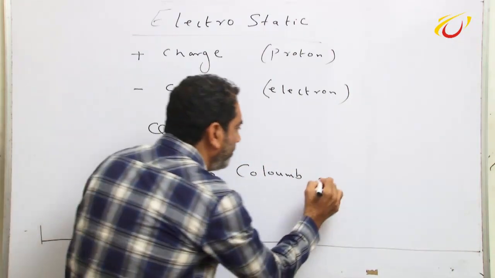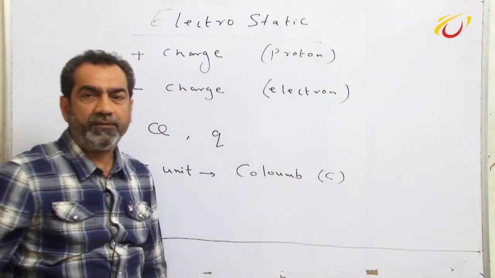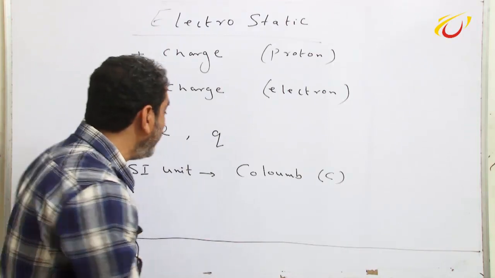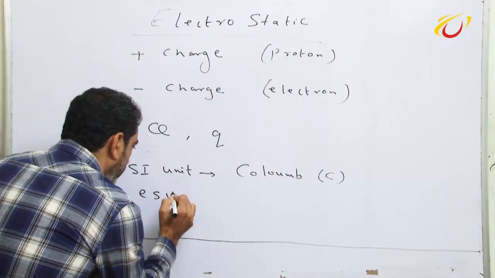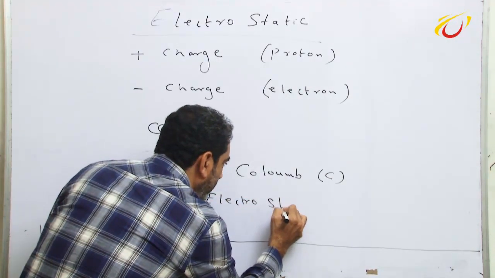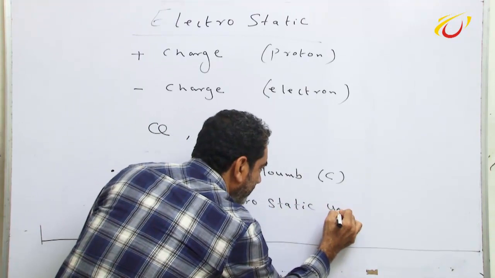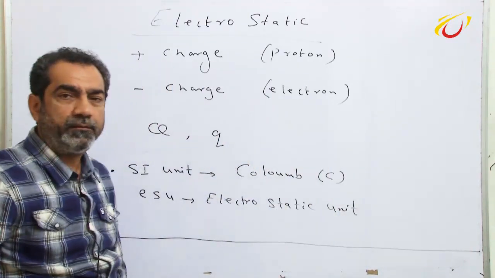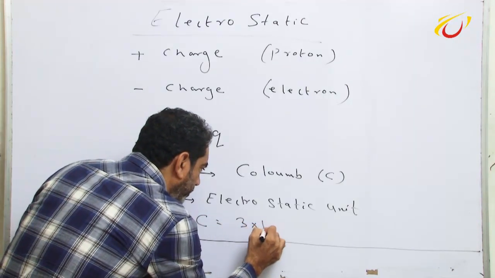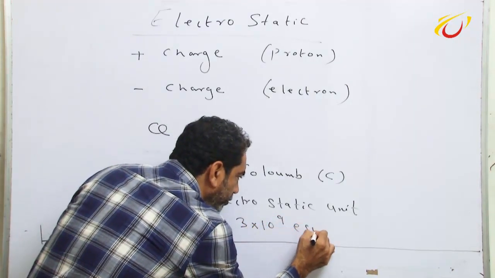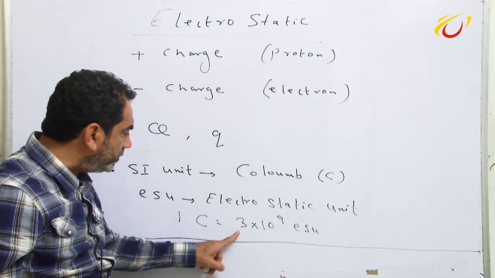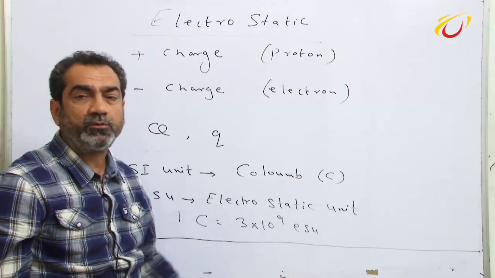The standard book will denote it by C. Then it has another unit called ESU, which is called electrostatic unit. 1 Coulomb is equal to 3 into 10 to the power 9 ESU. I repeat, 1 Coulomb is equal to 3 into 10 to the power 9 electrostatic unit.